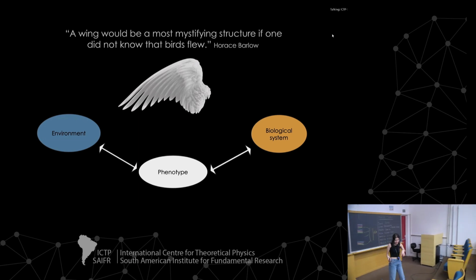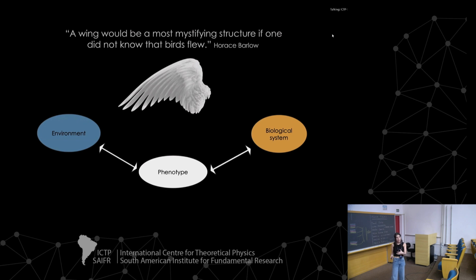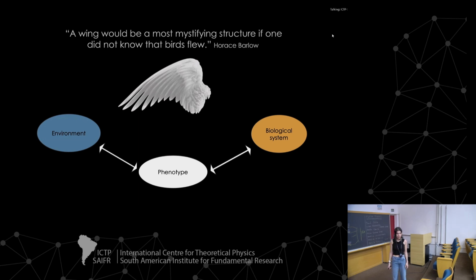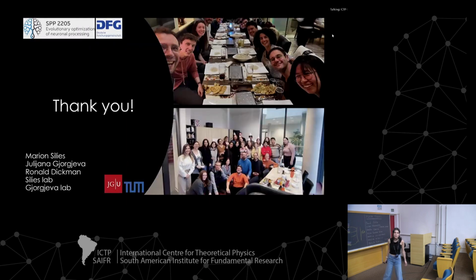We are interested in understanding a specific phenotype, but to really understand it and make more sense of it, we need to put this phenotype into context. And this is what efficient coding is doing, and the type of questions that I'm trying to understand in the sensory systems. And yeah, with that, I just want to thank you and finish.